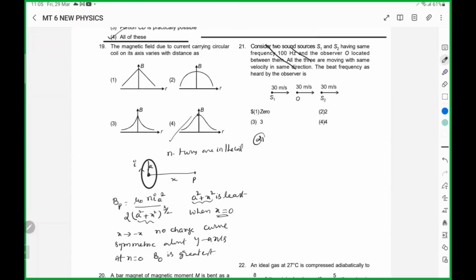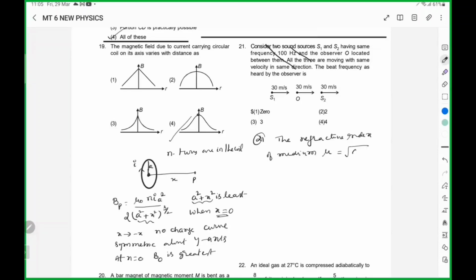Here, question number 21. So we changed the question. This question was, in fact, on the Doppler effect, which is not in the syllabus. So the refractive index of a medium is mu.